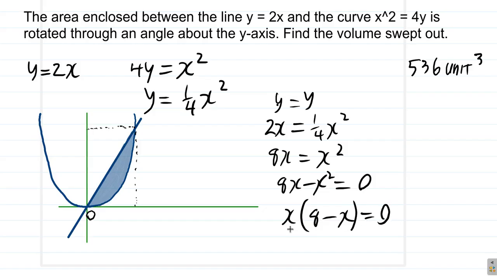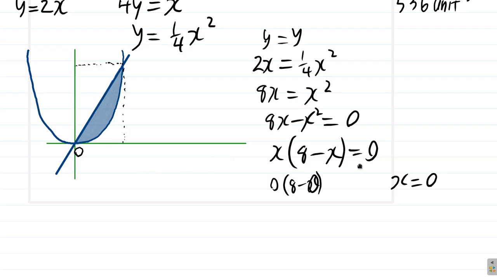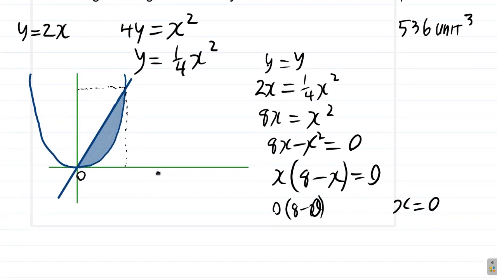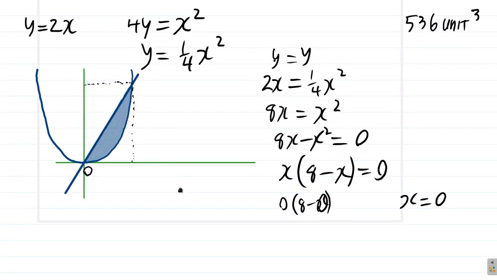So what does this mean? When x is 0, you have 0 times 8 minus 0, which is 0. So in one case x is equal to 0. It should be obvious that x and y are both zero, since both y equals 2x and y equals a quarter x squared cross the origin.